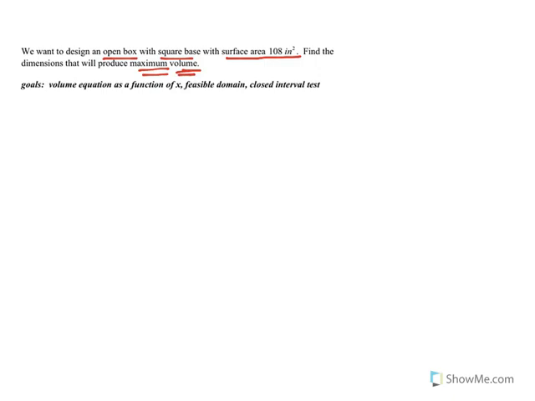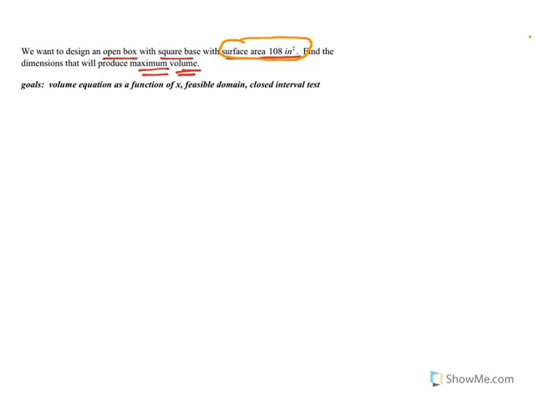We want to find a max on the volume. The restriction is that we only have so much surface area to work with. Whatever material you're building with, whether it's cardboard, wood, or sheet metal, you have enough material or surface area of 108 inches squared. So let's go ahead and make a sketch of this situation.